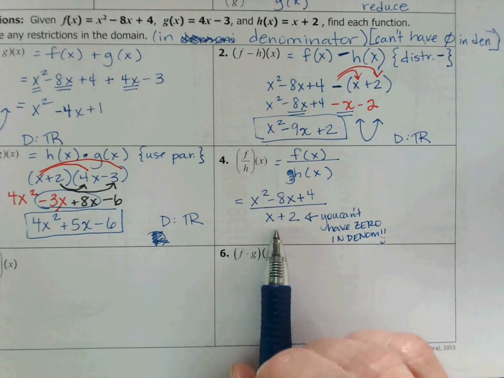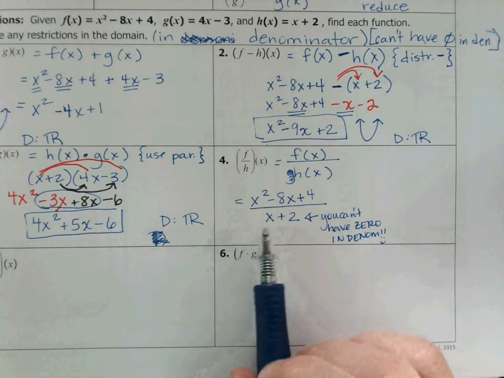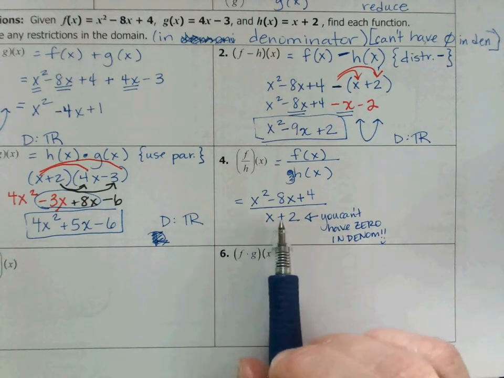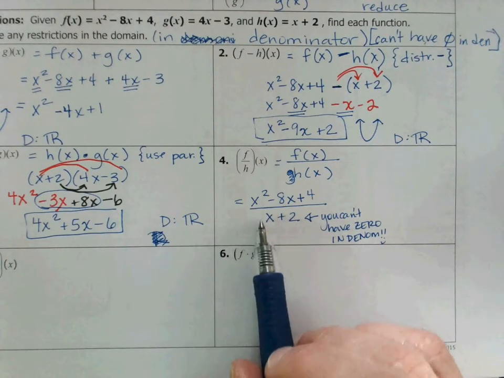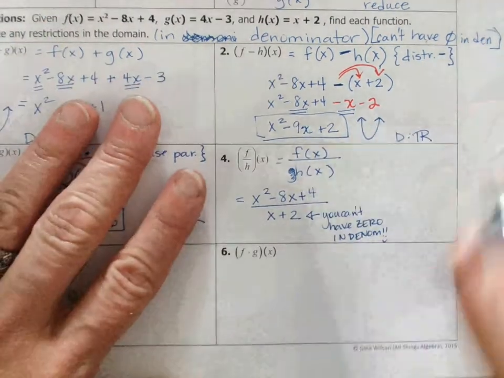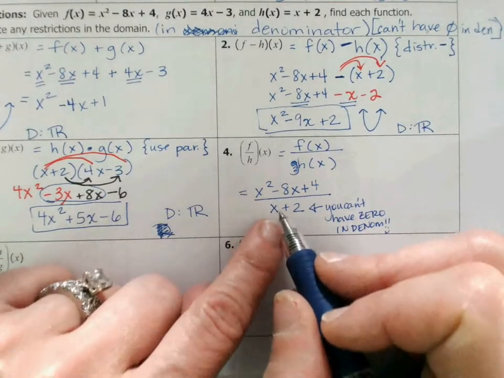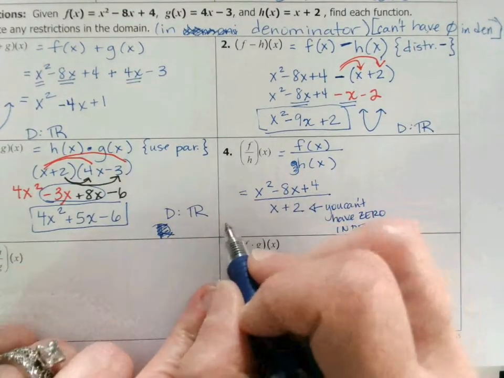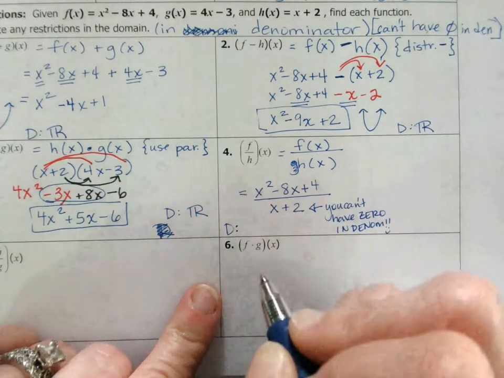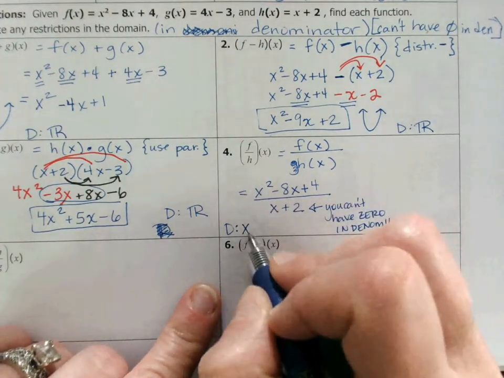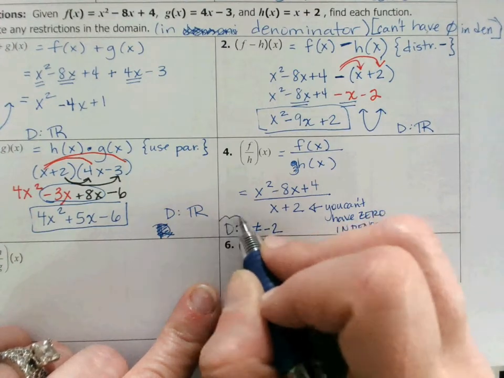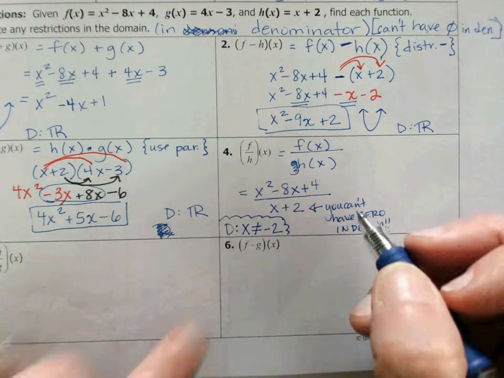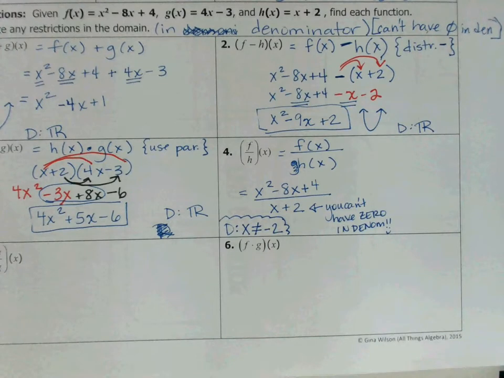A -2, right? Perfect. So if I put a -2 in here, and that's a +2, then I get a 0 in the bottom, and that's bad, right? So I can use any other number in the whole wide world besides a -2. So on my domain, I'm going to write x can't equal -2. Because if you were to plug in a -2, it would be some bad news.